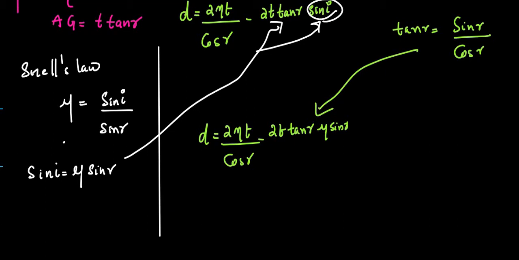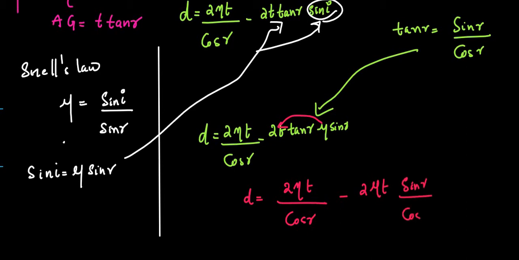So I get the path difference is equal to 2 mu t by cos r minus 2 mu t, instead of tan r, I have sine r by cos r into sine r. So the path difference is 2 mu t by cos r minus 2 mu t sine r into sine r divided by cos r.